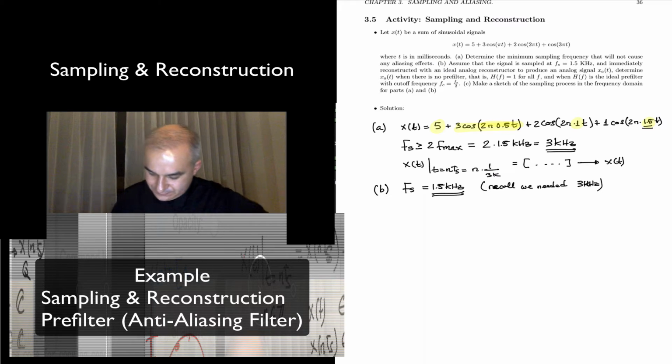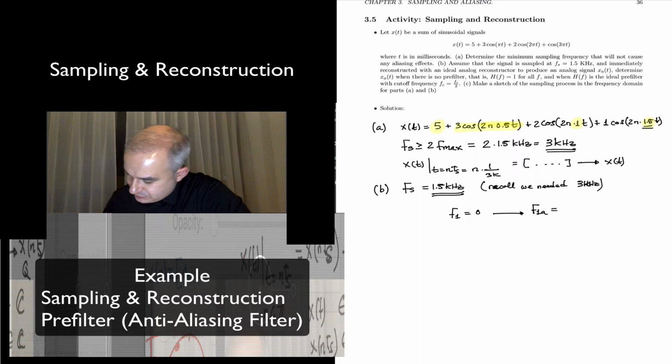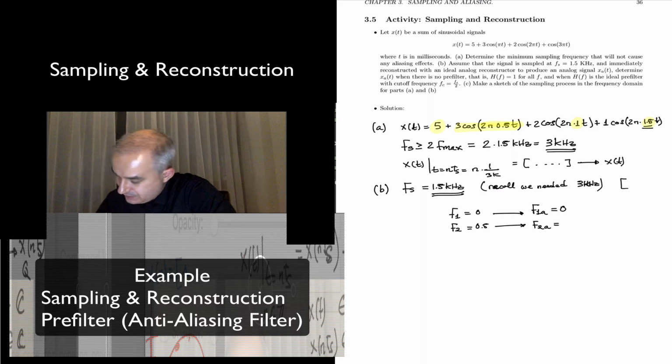Let's see that. The original frequency that we have, this 5, is 0 hertz, and our frequency alias is going to still be 0, no problem. Our frequency 2 was 0.5 kilohertz, and it is still going to go through, because remember the Nyquist range here: if we sample at 1.5 kilohertz, it is 1.5 over 2, meaning it's between minus 0.75 kilohertz and 0.75 kilohertz.